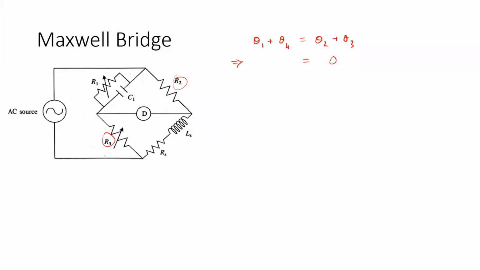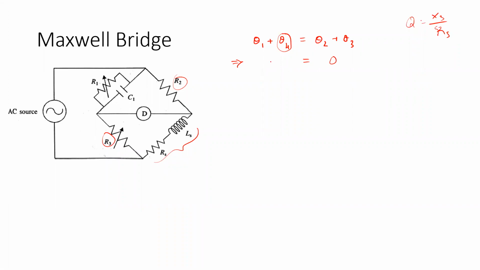And as we are talking about the case of a high quality factor inductor, for this unknown arm, XS is supposed to be very high compared to RS, or it is more close to being a purely inductive branch. So in that case, what should be our angle? Theta 4. 90 degrees.